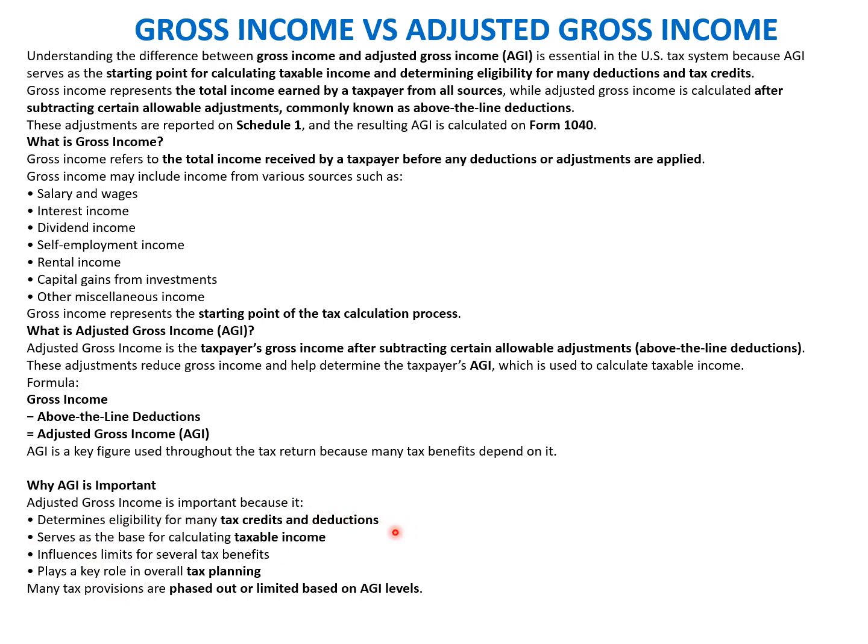So we talked about how tax credit depends on the AGI, and then the phasing out of the tax credit depends upon the AGI limit that is there for separate categories. It also serves as a base for calculating the taxable income, influences the limit for several tax benefits, and plays a role in overall tax planning.